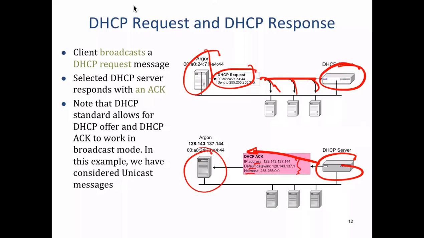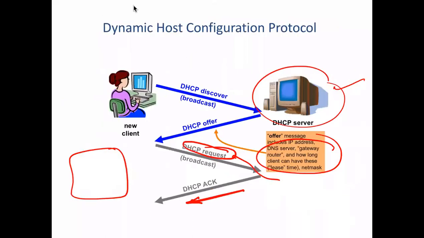Now here note that some messages are sent in broadcast mode, some are sent in unicast mode. Like DHCP discover, when she is shouting, it goes to all. Now the offer goes in unicast, because this machine knows the MAC address of the other, so this machine sends to the machine here in unicast mode.